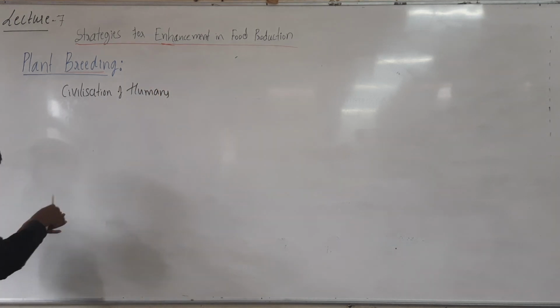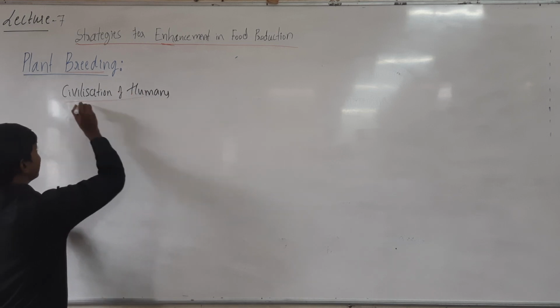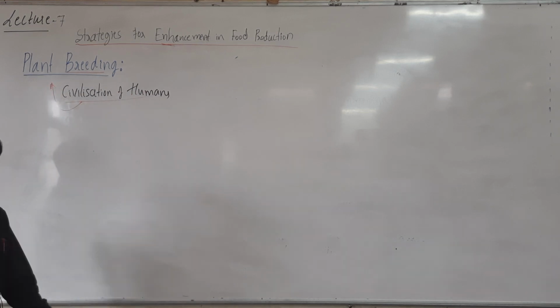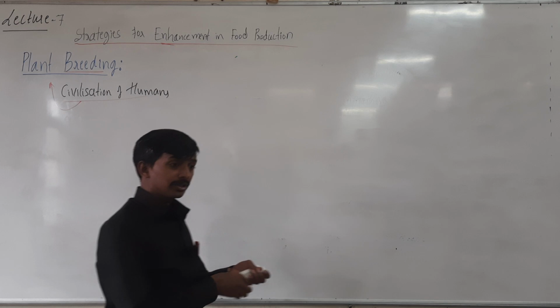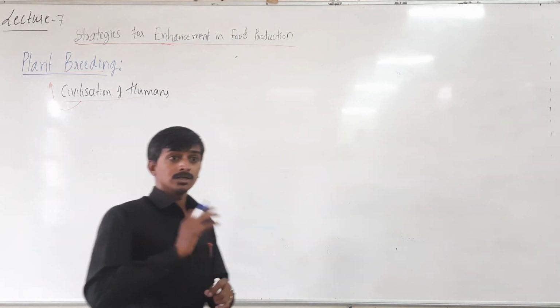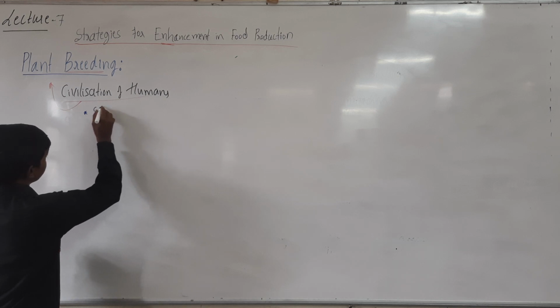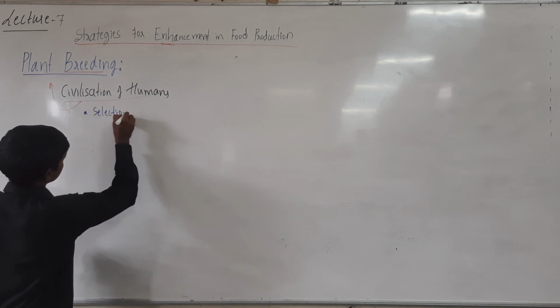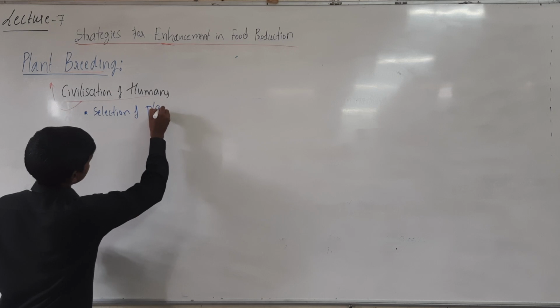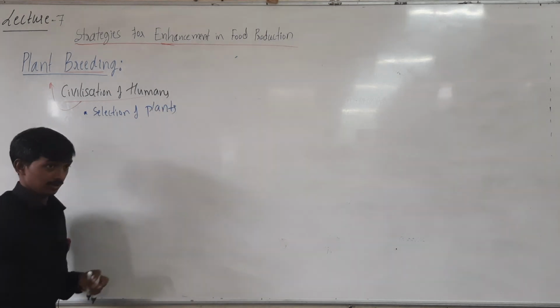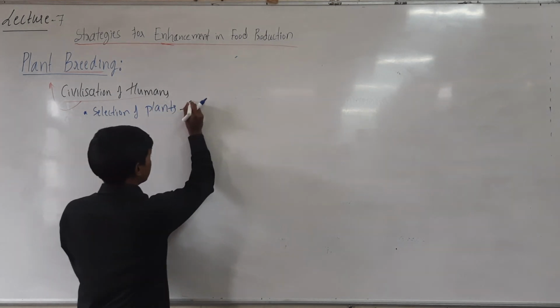From the time of civilization of humans, plant breeding has started. First, the basic step they took was selection of plants, mainly the pure lines.